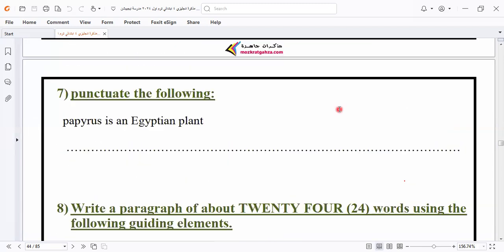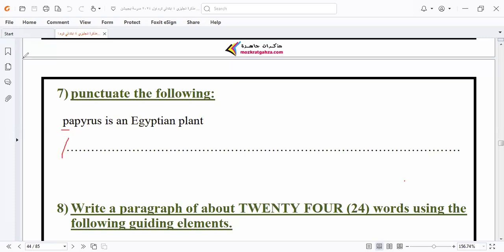Here we have punctuate. As we told you in the punctuate, we must underline the wrong letter that we corrected. Here we have papyrus, and this sentence is at the beginning. As we know the rules of English, the beginning of the sentence will be with what? In capital letter.